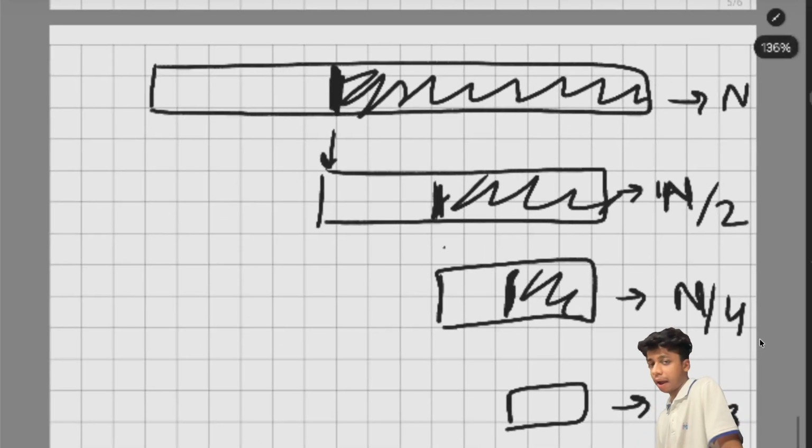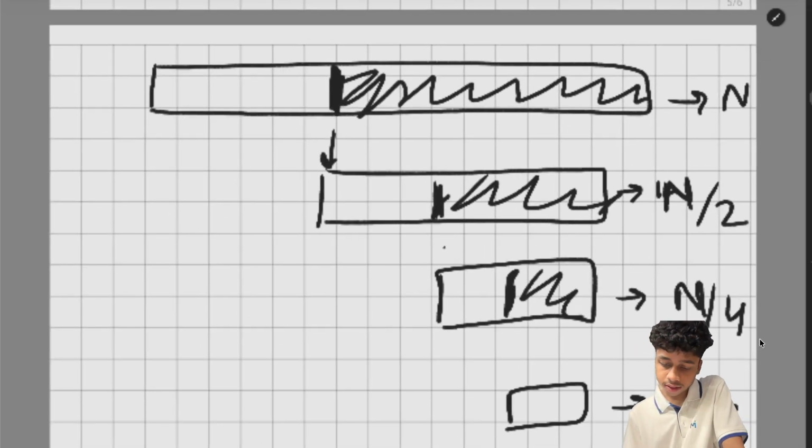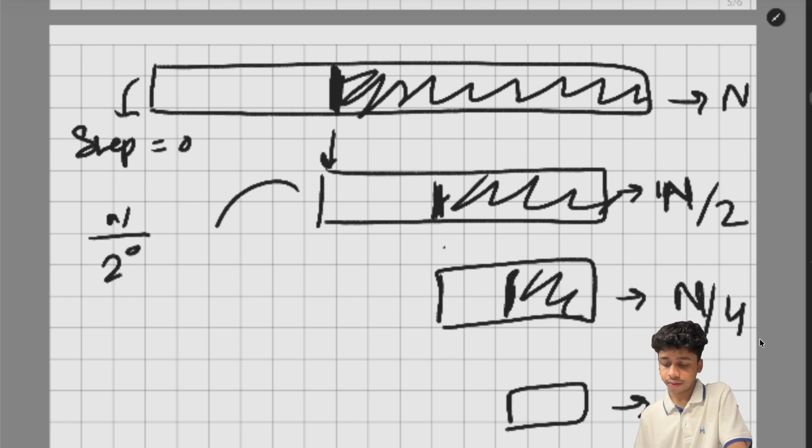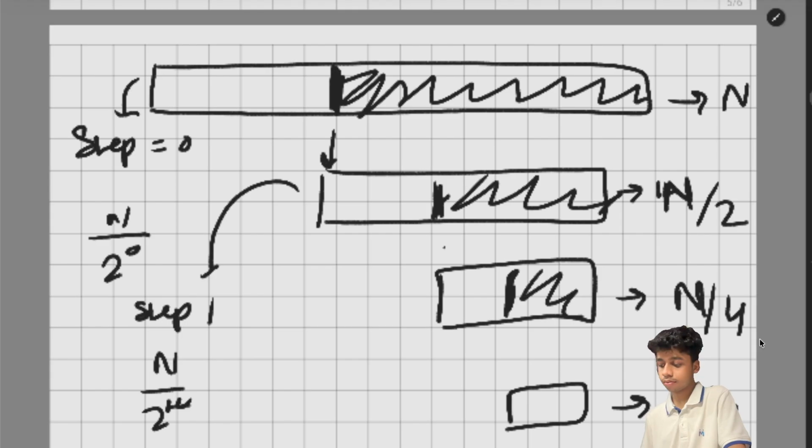So you can see a pattern in this. At step 0, it is n upon 2 raised to power 0. At step 1, it is n upon 2 raised to power 1.